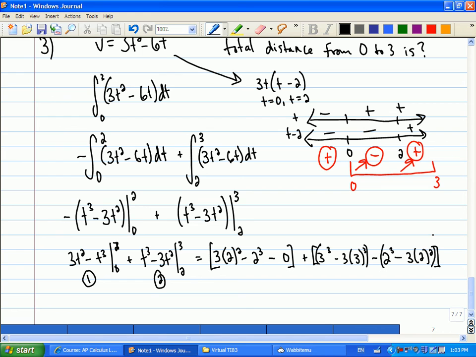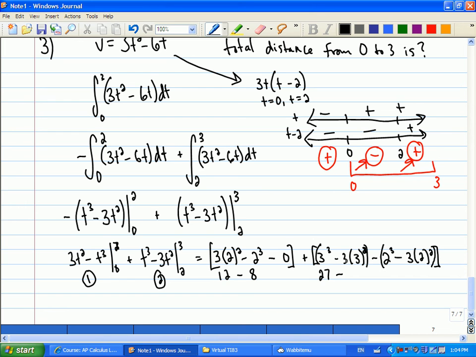All right, so if I add up all these pieces here, that's going to be 3 times 4 is 12 minus 8. That's going to be 27 minus 27 times 3. Yes. Makes the math a little easier.